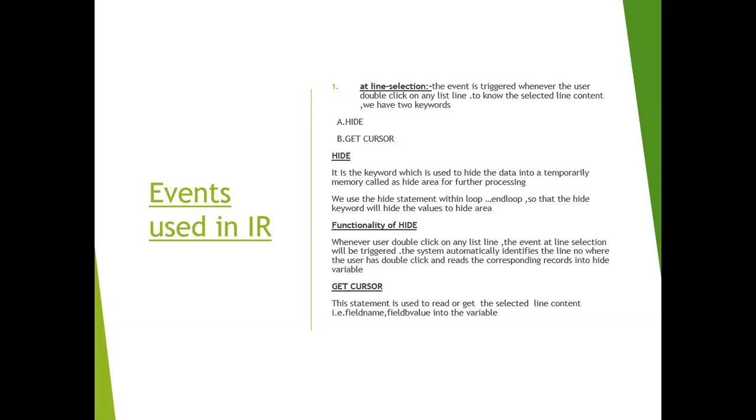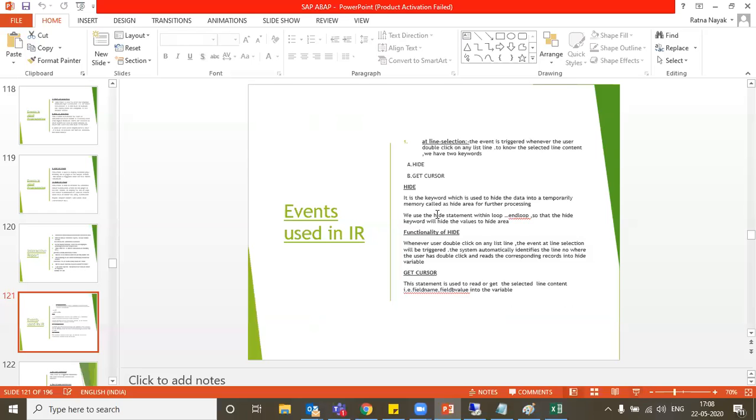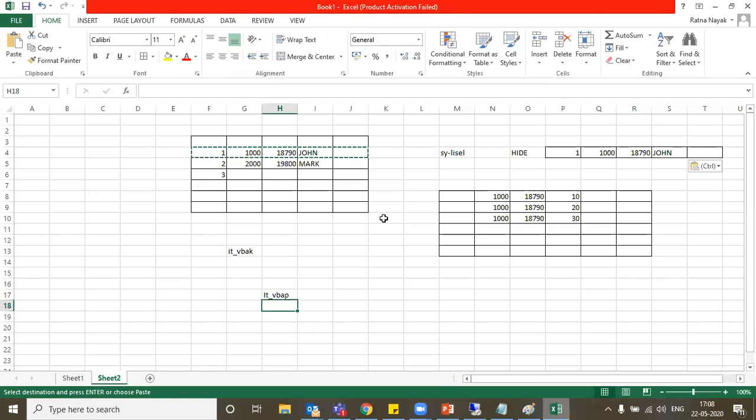Then the next thing is the functionality of hide. Whenever the user double clicks on any list line, the event at line selection will be triggered, and the system automatically identifies the line number where the user double clicked and reads the corresponding record into the hide variable. Now next one is get cursor. Once I click on this data, it automatically identifies which index of the record the cursor has clicked on.